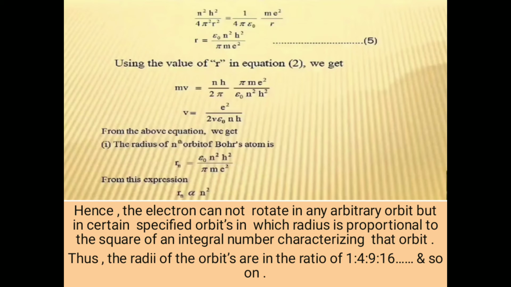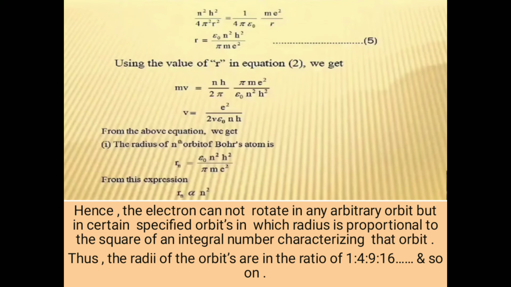Now taking r on one side and keeping all the other terms on the other side, we get r is equal to epsilon 0 n square h square divided by pi m e square. Give this equation number 5.